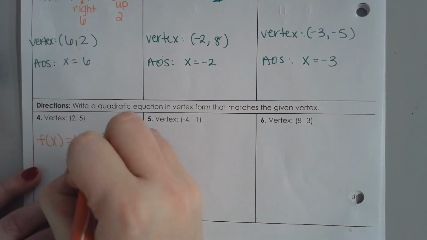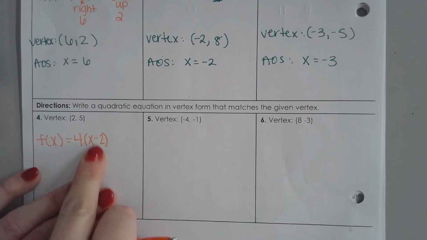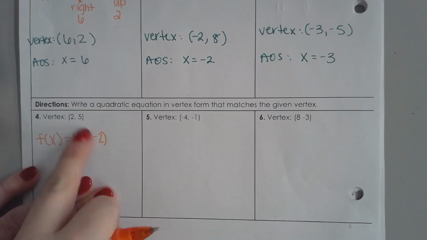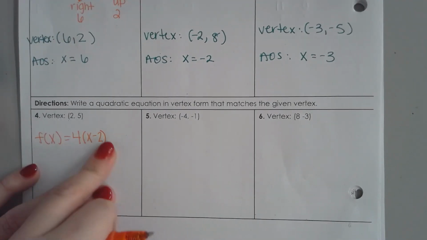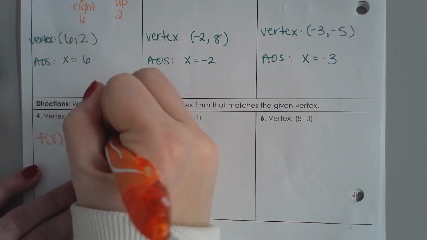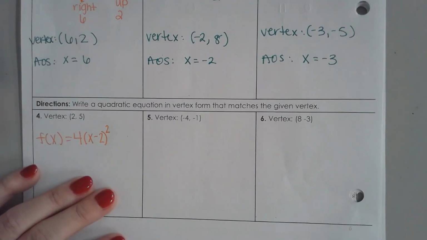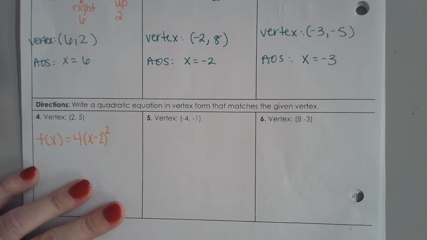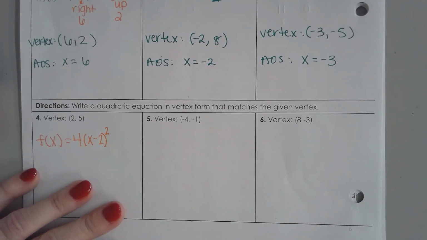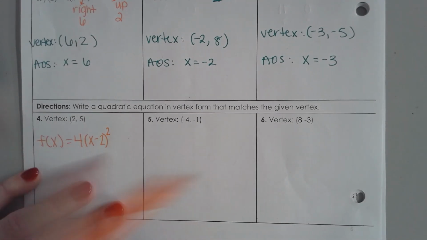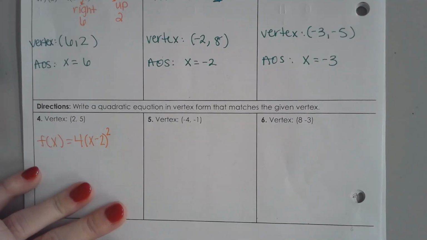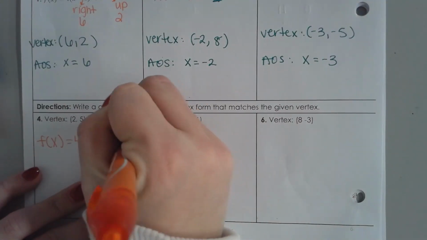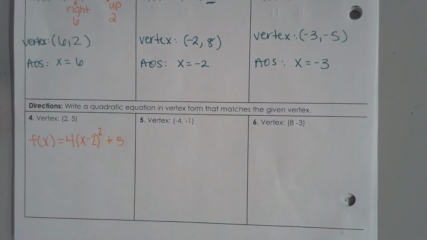Perfect. Because remember, what you have in the parentheses is opposite of the x value of your vertex. And you have to put a squared. If there's no squared, it's not a quadratic. And then what are you going to have on the outside? Plus 5. The outside is not opposite. So the inside is opposite of your x. The outside is not opposite of your y.